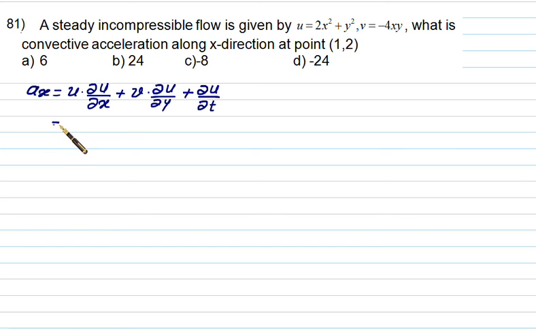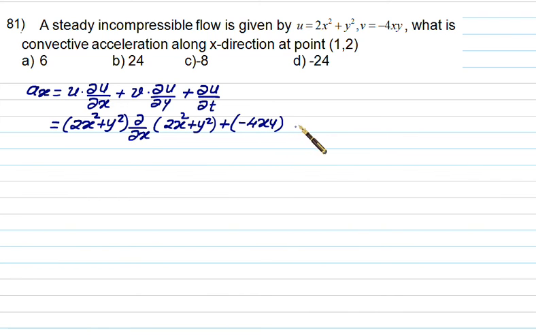So this time we have u = 2x² + y². We have ∂/∂x of u, that equals 2x² + y², plus we have the v component, which is -4xy, into ∂u/∂y. So we have ∂/∂y of 2x² + y².